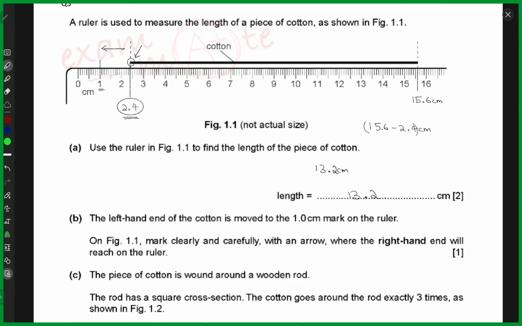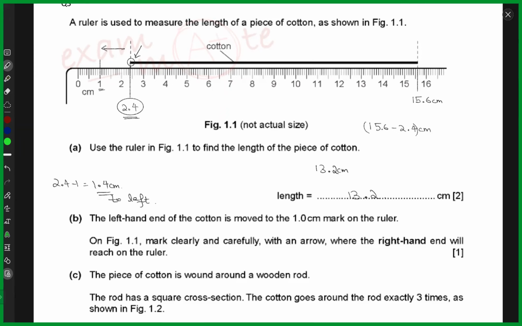That would be 2.4 minus 1 centimeter, which is 1.4 centimeters. So you're moving the cotton 1.4 centimeters to the left, which means the left end would be at the 1 centimeter mark.